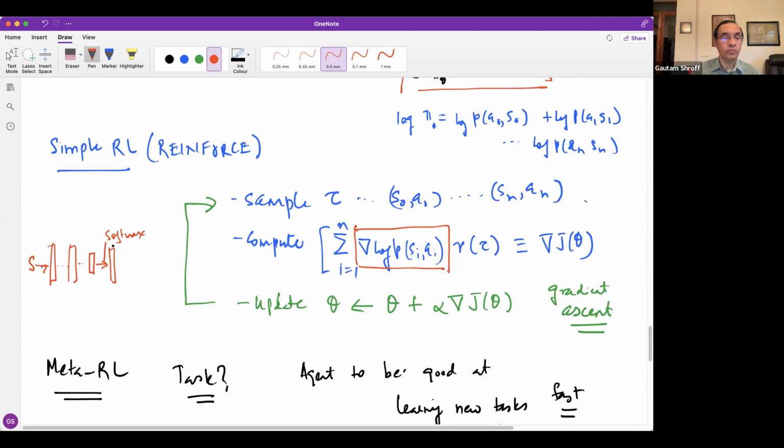Instead of producing the softmax, you can produce the log of the softmax, essentially the log of this probability. The probability is going to be the softmax, but what you want is the log of the softmax.